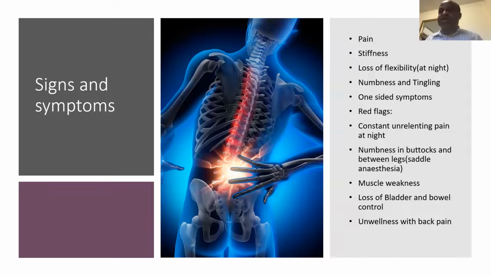Such things you need to be wary of. And then usually they are one-sided. It could affect the right side, and it could affect the left side. That doesn't mean it could not affect both sides at the same time, but usually it's one side.